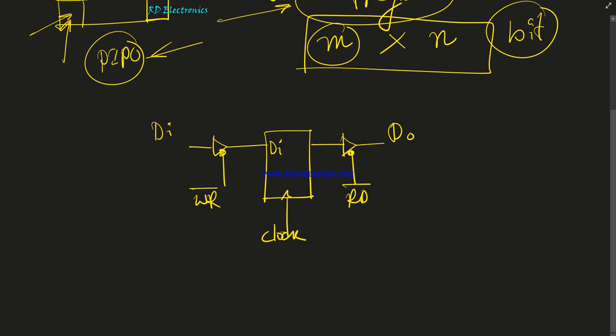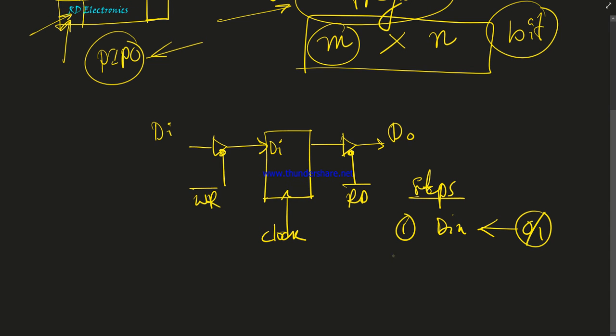Now there are some algorithm steps by which we can enter this number here and output the number from here. At first we apply the input equal to 0 or 1, any one. Step 2, the write bar signal goes to 0, because if write bar goes to 0, then the data applied at the D input, 0 or 1, comes out here, okay?